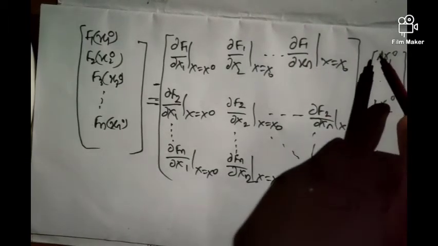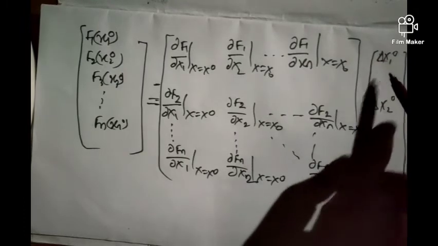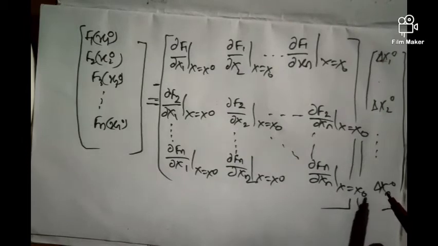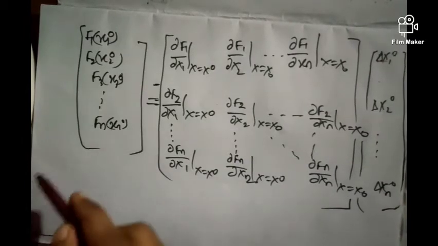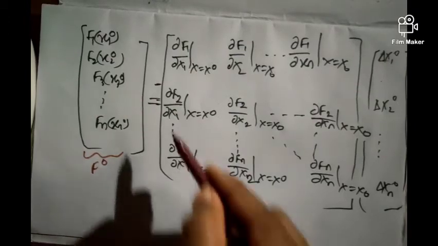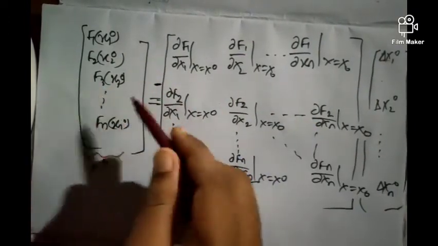On the right hand side is the multiplication by the correction values, del x1^0, del x2^0, up to del xn^0. This is your function f(x^0), and it carries the minus sign because it is on the left hand side.